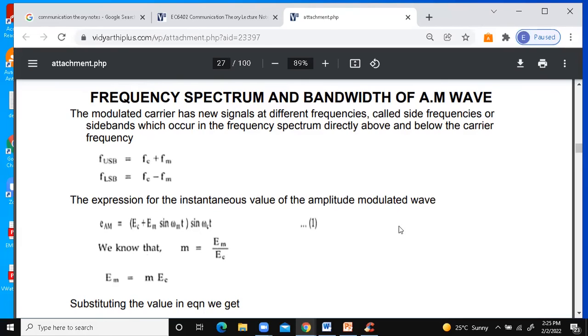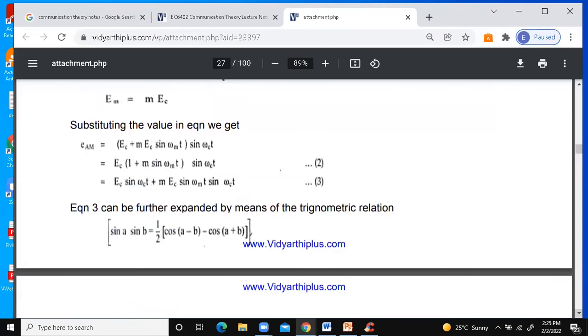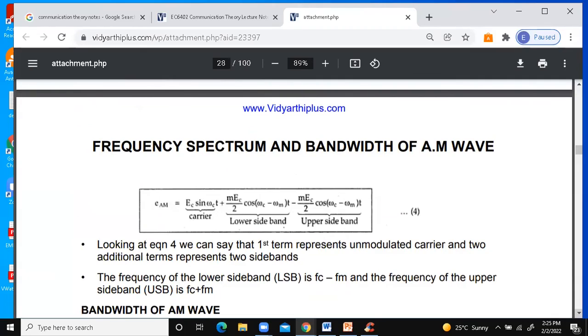Following, guys? So this first term represents the unmodulated wave or carrier.